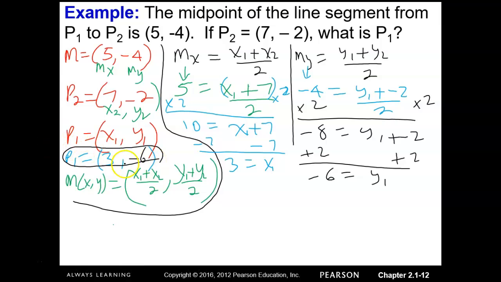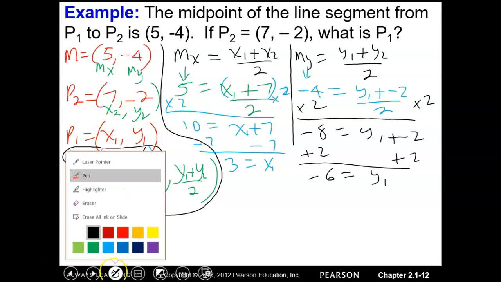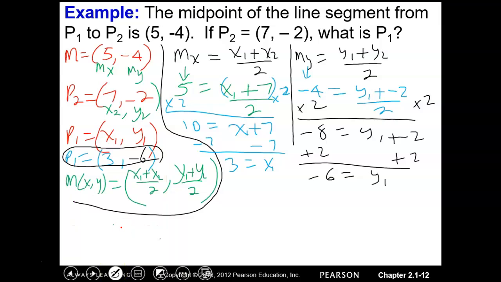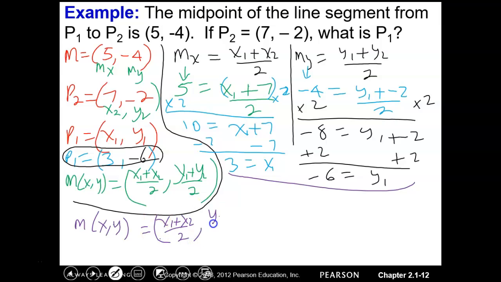We can check it by finding the midpoint, adding those two, to see if we get the same thing. So I'll use purple. The midpoint of x, y is x1 plus x2 divided by 2, y1 plus y2 divided by 2. So here, x1 now is 3.